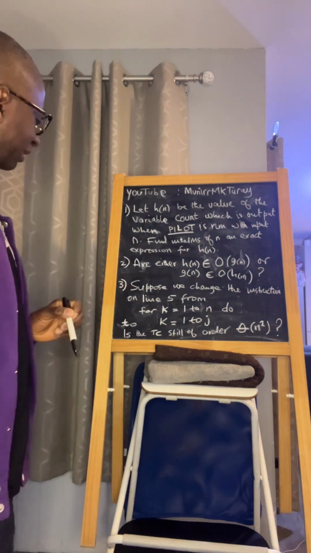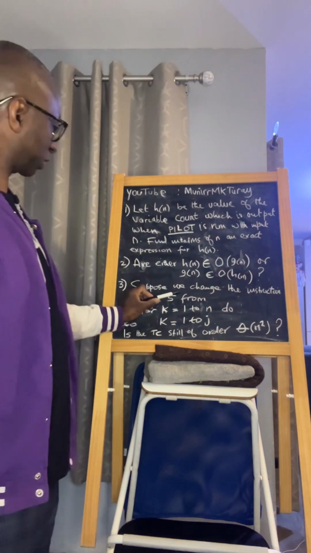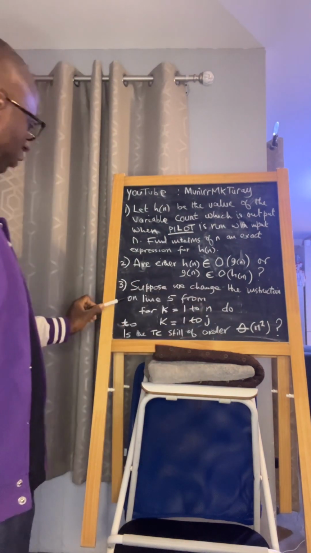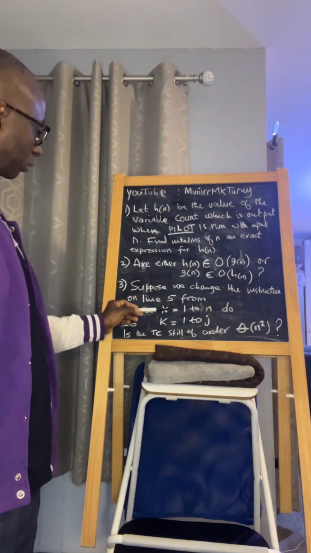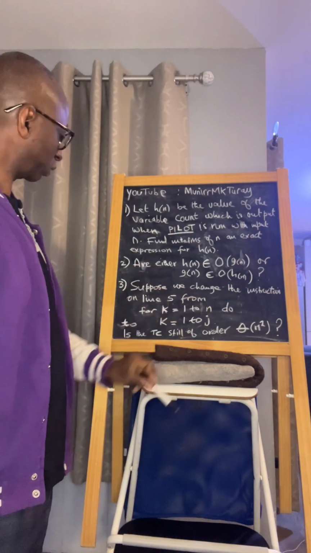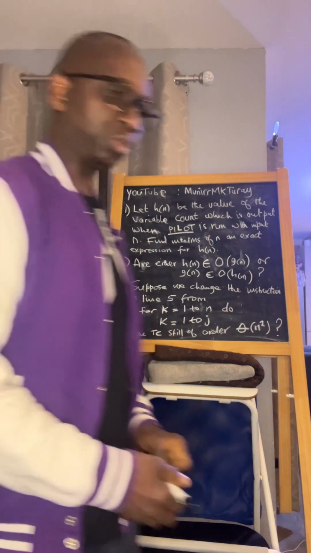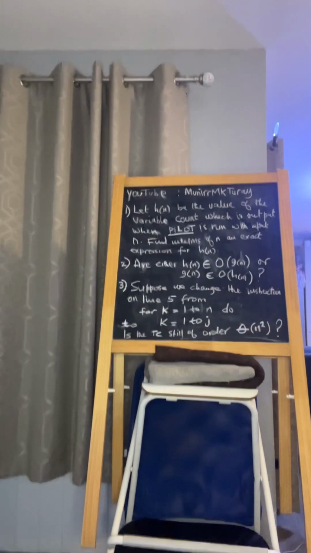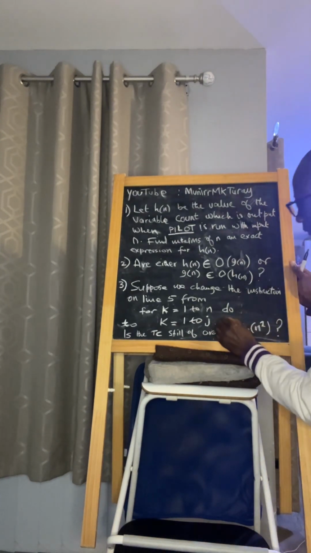Now, question number three. Question number three says, suppose we change the instruction on line 5 from for k equals 1 to n do to k equals 1 to j do. Time is precious.